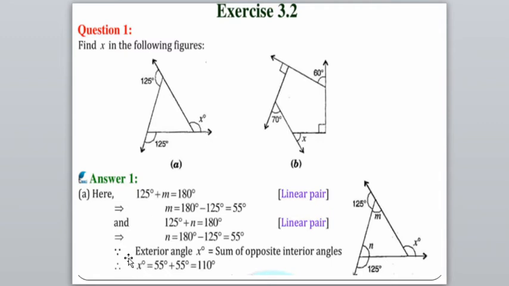Therefore exterior angle x degrees equals the sum of the opposite interior angles. The interior angles we got are 55 degrees and 55 degrees. It means x equals 55 degrees plus 55 degrees equals 110 degrees. Therefore the angle x is 110 degrees.